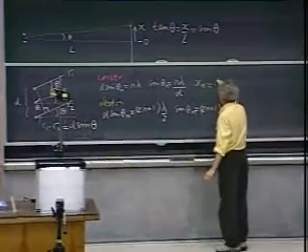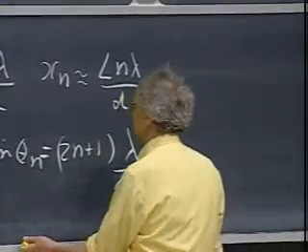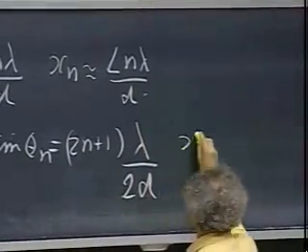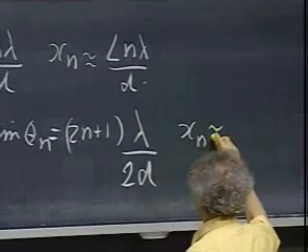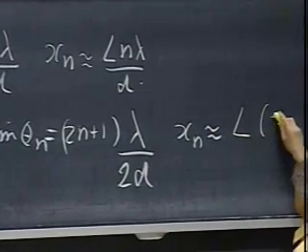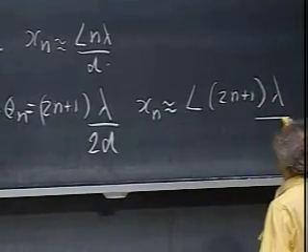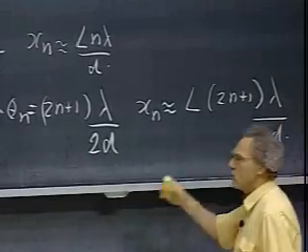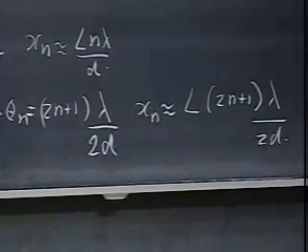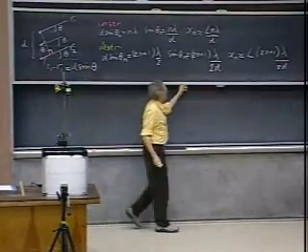So this is approximately L times n lambda divided by d. And for the same reason, you will get destructive interference when x of n is L times (2n plus 1) times lambda divided by 2d. That is simple geometry. So now we have all the ingredients here on the blackboard, and I'm going to leave it there for the rest of the lecture.